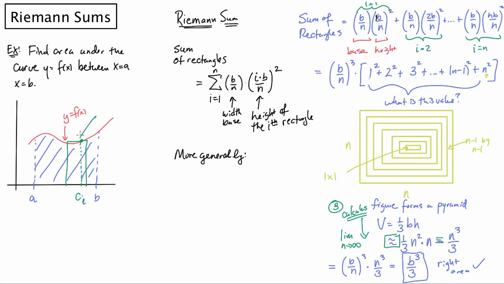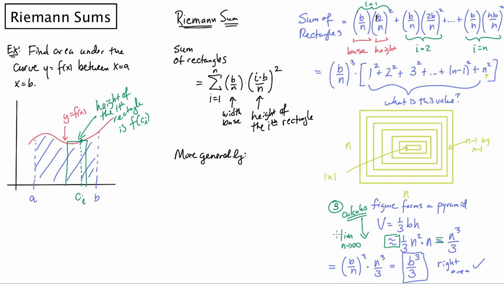So this is the height of the ith rectangle, which is the function value at ci, so f of ci. It could be the right endpoint is where it intersects, which we showed on the previous. It could be intersecting at the left. It could be intersecting in the middle. We don't care where the intersection is.